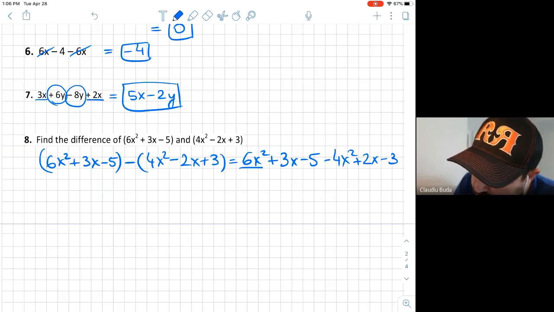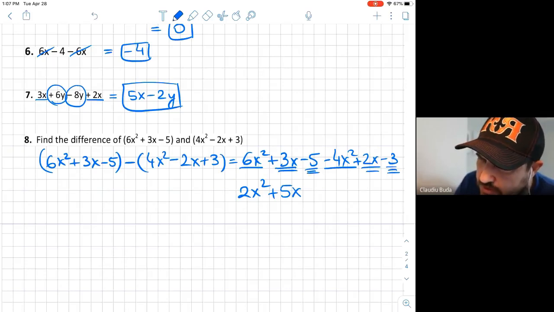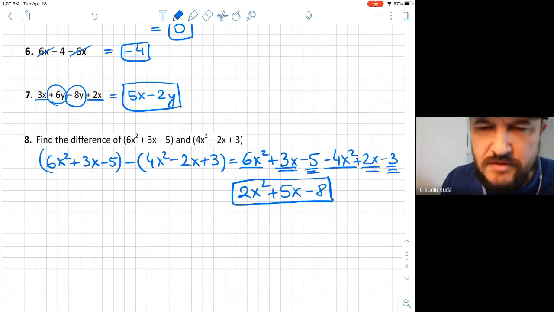So 6x squared minus 4x squared is 2x squared. 3x plus 2x is 5x. And then negative 5 minus 3 is actually negative 8. So 2x squared plus 5x minus 8 is the answer.